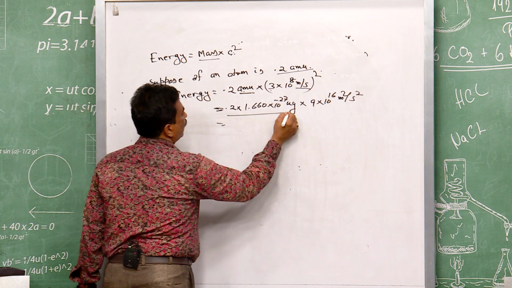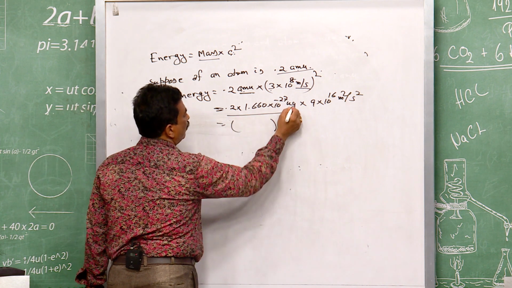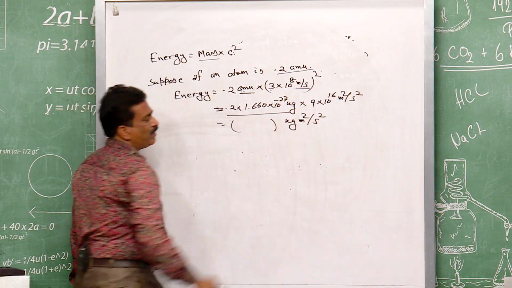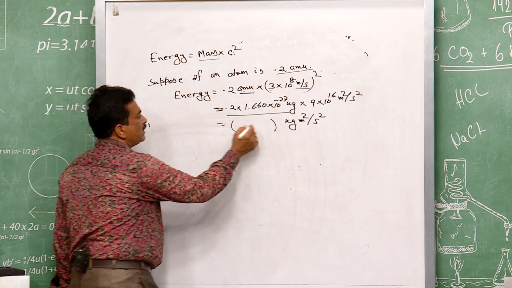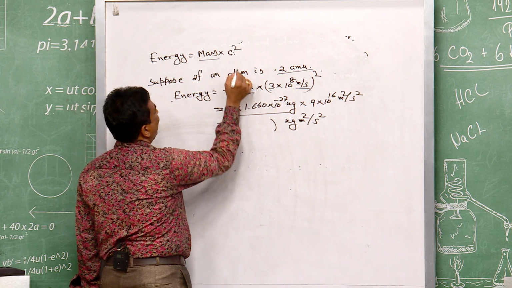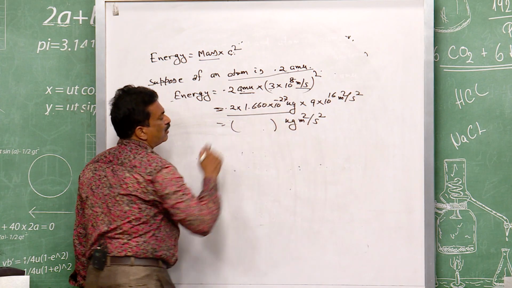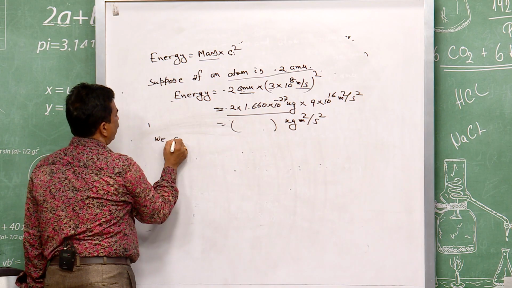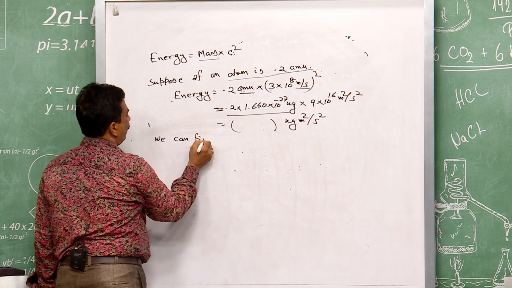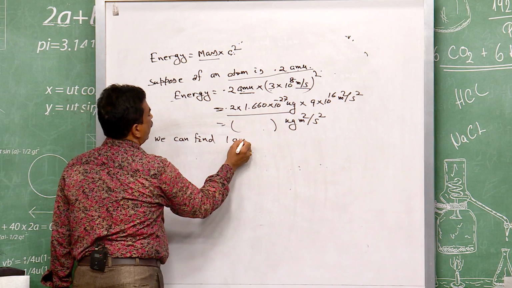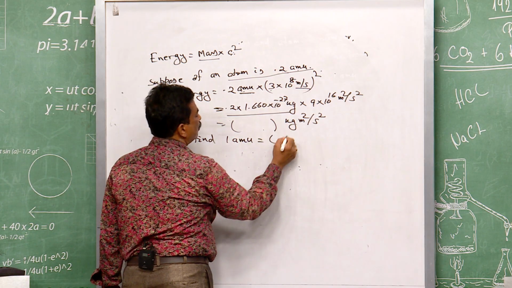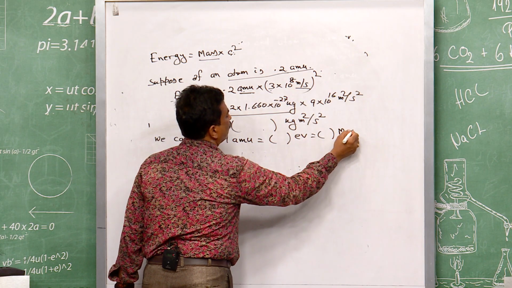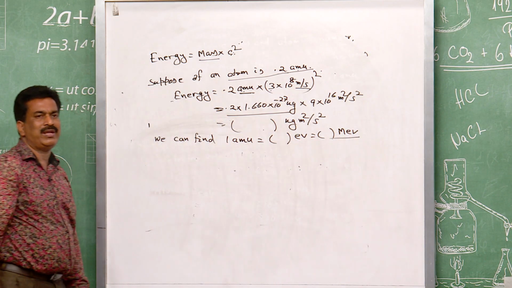So these two are multiplied, and the value will be in kg meter squared per second squared. If the mass is this much, then the energy will be that much. In that way you can find how much 1 amu is in eV or in MeV.